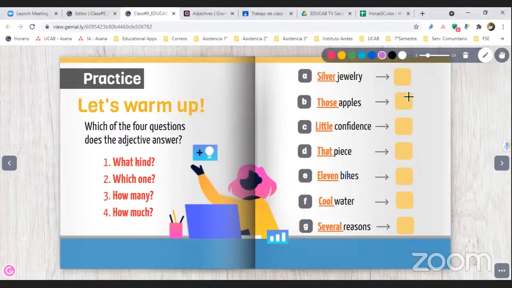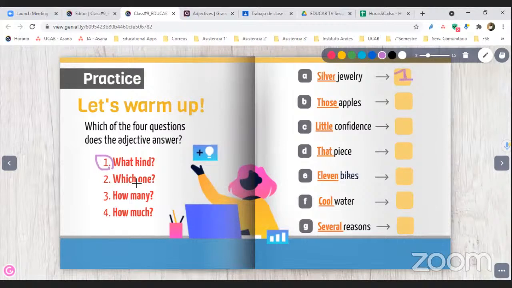But now we have to figure out, I'm going to put the number 1 because that is the first question. So we need to figure it out. What about the other words? Those apples, little confidence, that piece, 11 bikes, cool water, and several reasons. So remember that what kind is meant for the adjective that is telling us a quality or a characteristic about the noun.